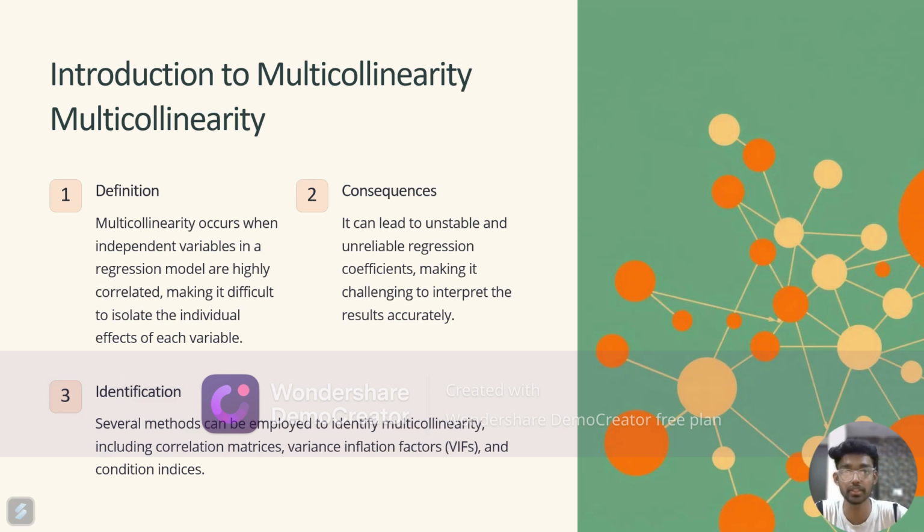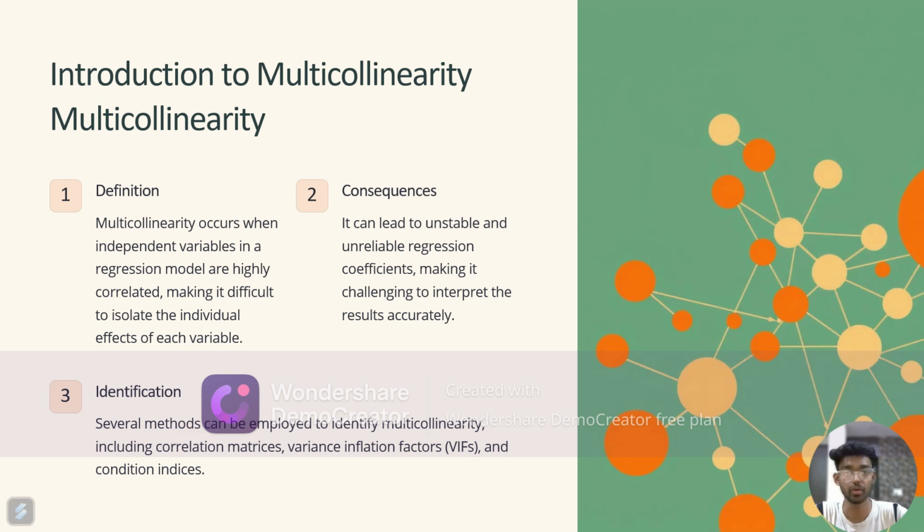Introduction to multicollinearity. First, definition. What is multicollinearity? It occurs when independent variables in a regression model are highly correlated, making it difficult to isolate the individual effect of each variable. Second, what are the consequences?